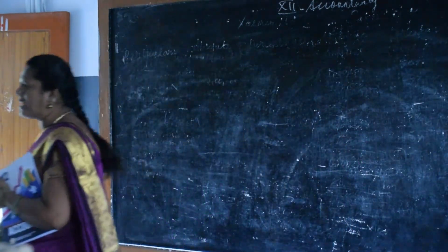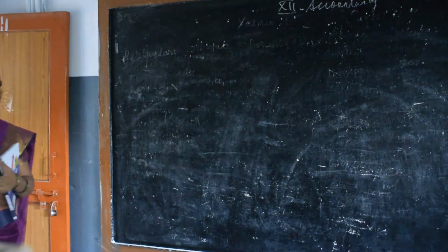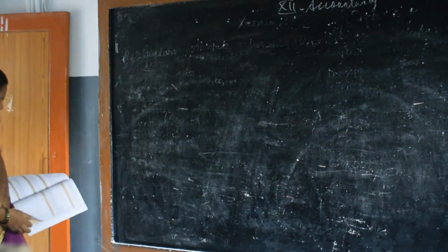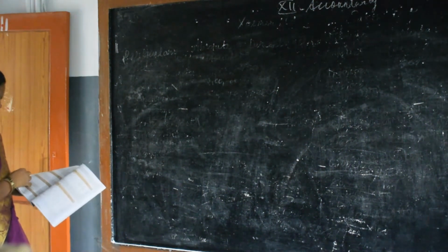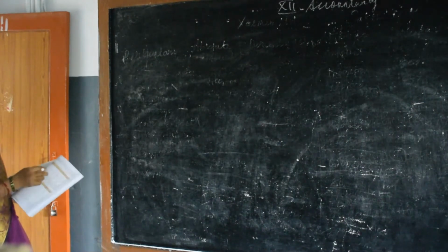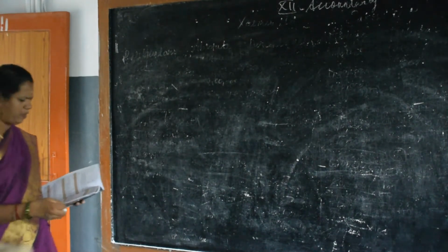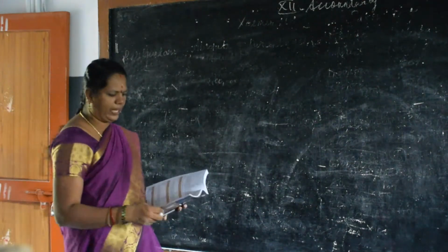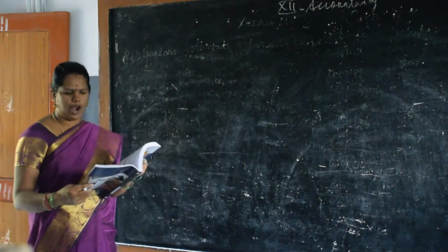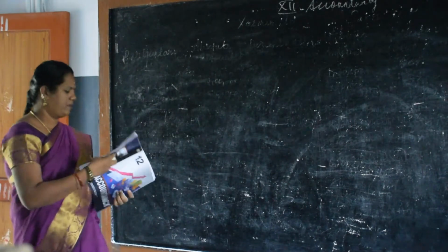Moving on to the last heading of this exercise, that is trend percentage. I'm going to work out the 15th problem. From the following particulars, calculate the trend percentages of Anu Limited.